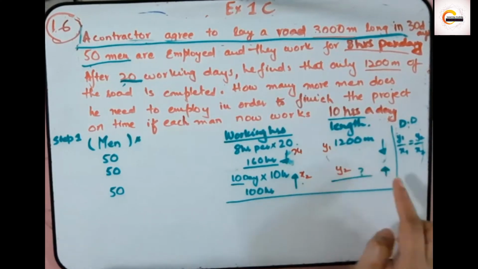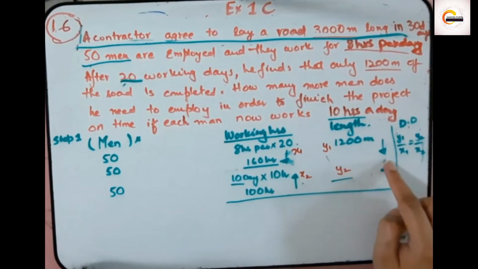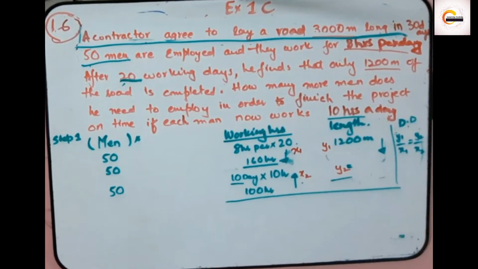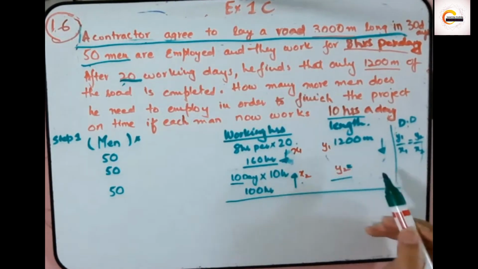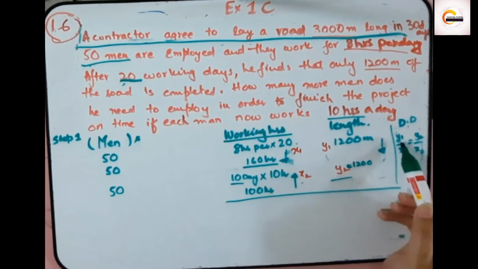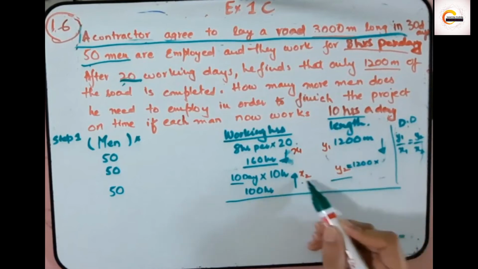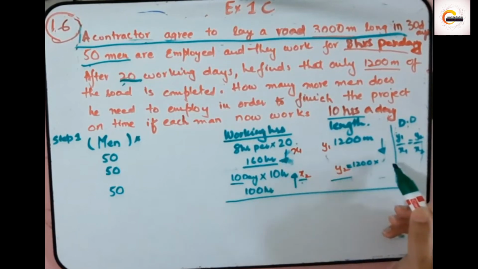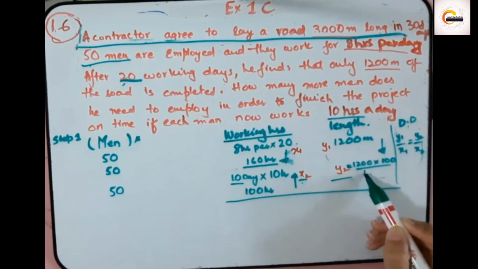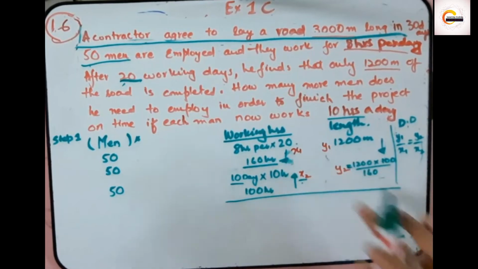And let's find out y2. We already have the formula. y2 is equal to 1200 multiplied by x2, that's y1, multiplied by x2 100 and divided by x1, that is 160.